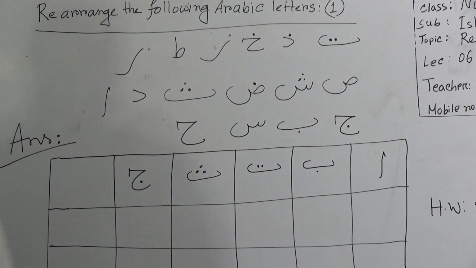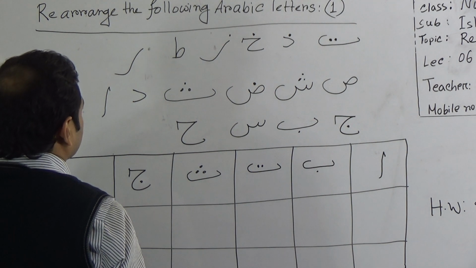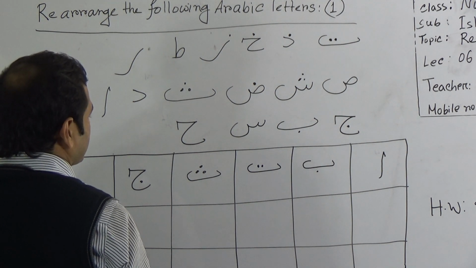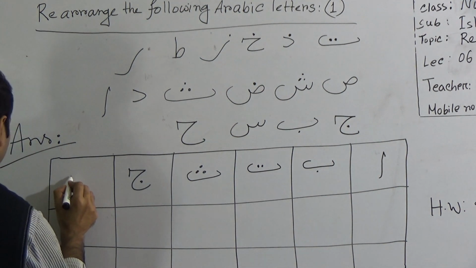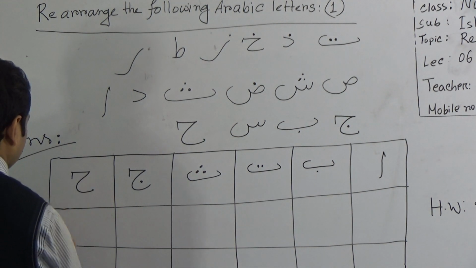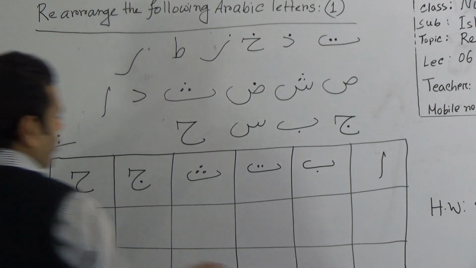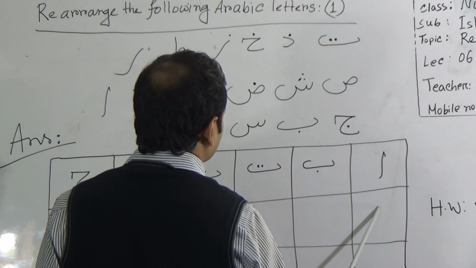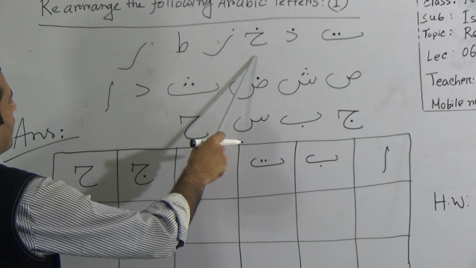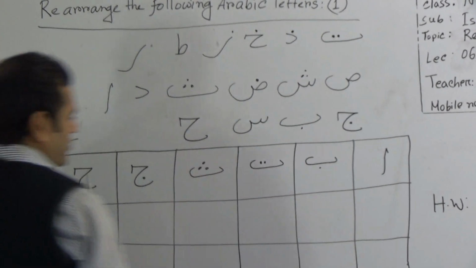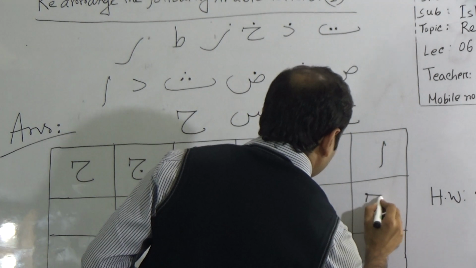Now after jim, the letter ha comes. So where is ha? Here is ha. So we will write ha here. Now kha will be written here. So where is kha? My dear students, in the first row, first line, kha is written. So kha will be here.